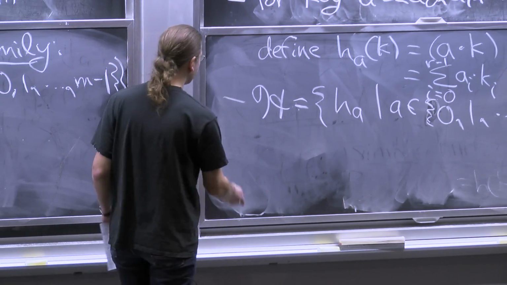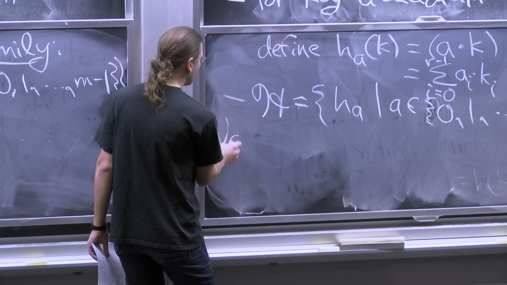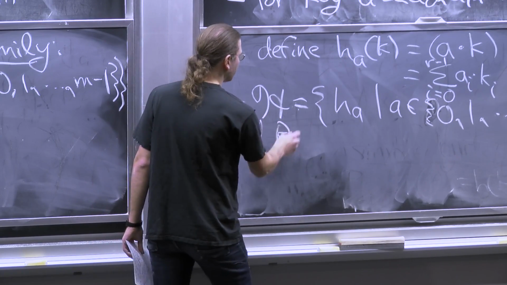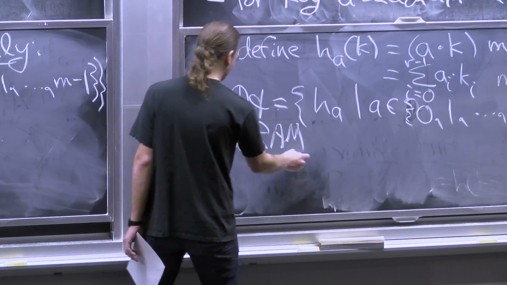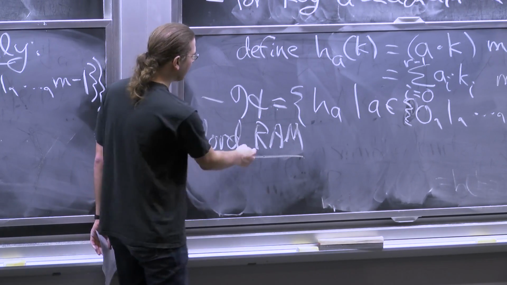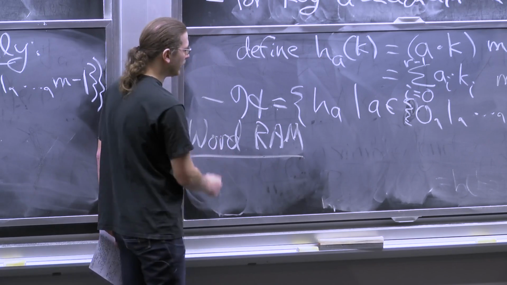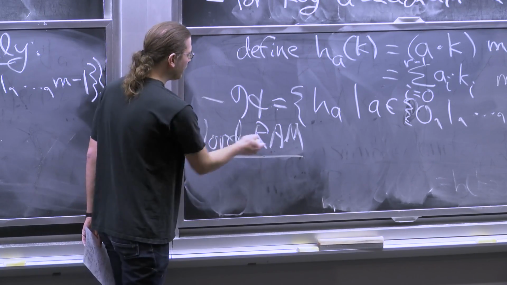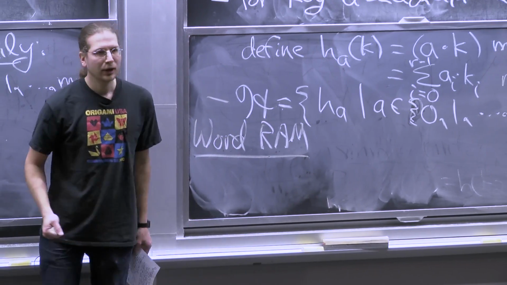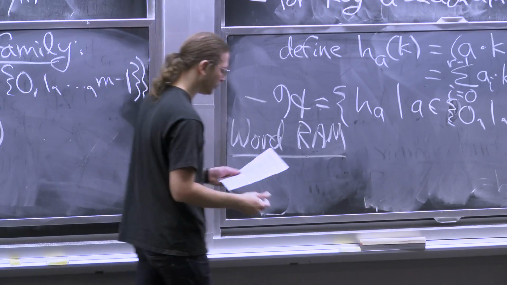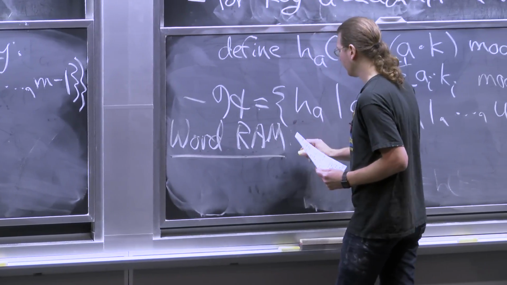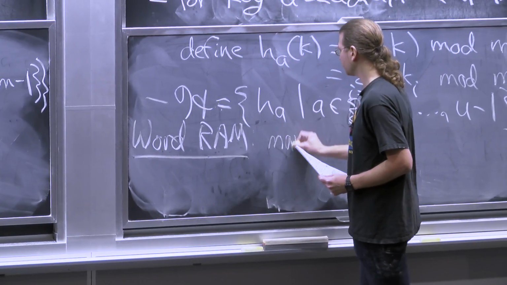In general, we're in a world called the word RAM model. RAM stands for random access machine, which you may have heard of. The word RAM assumes that we're manipulating integers, and the integers fit in a word.